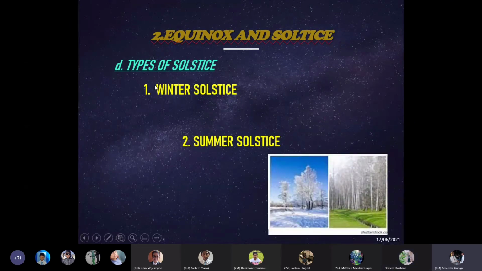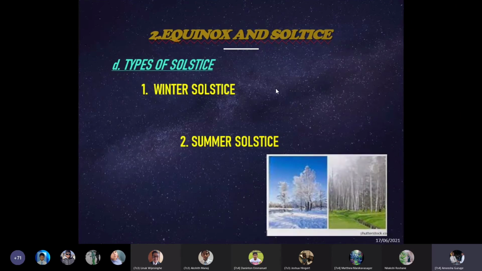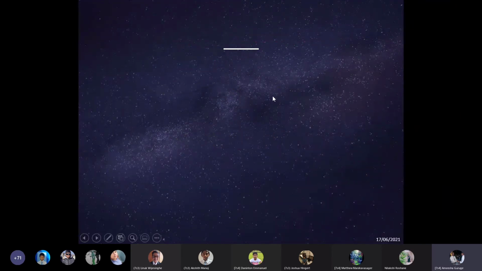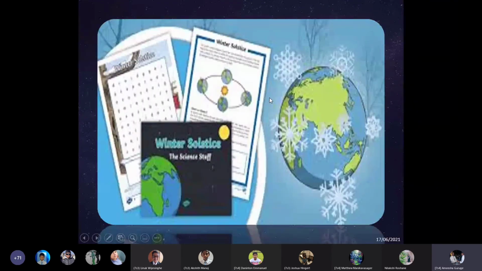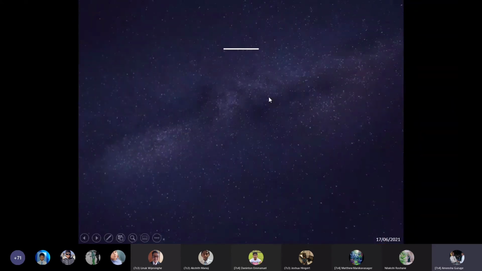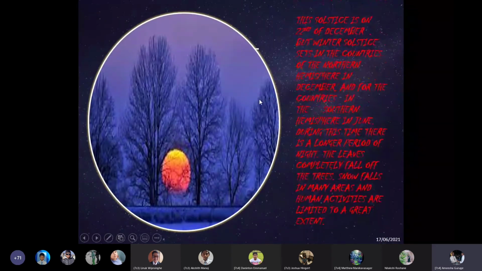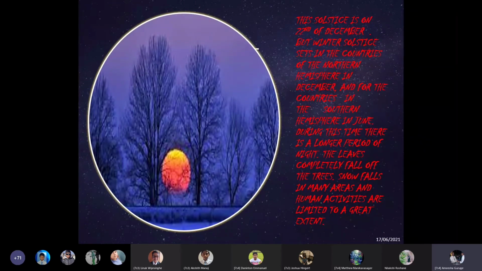Now let us talk about the winter solstice. This solstice is on the 22nd of December, but winter solstice sets in for the countries of the northern hemisphere in December and for the countries in the southern hemisphere in June.